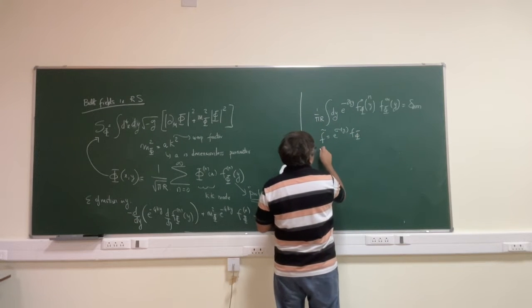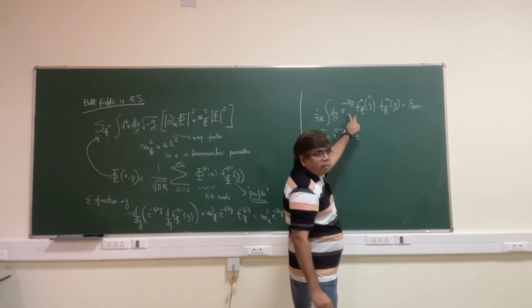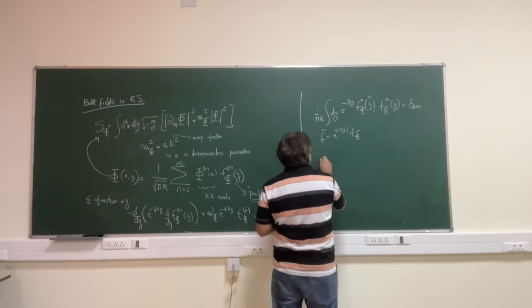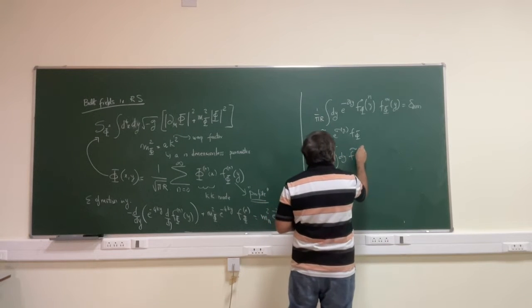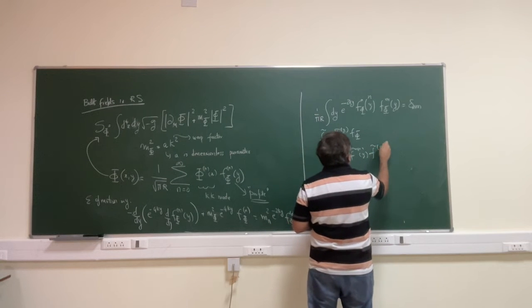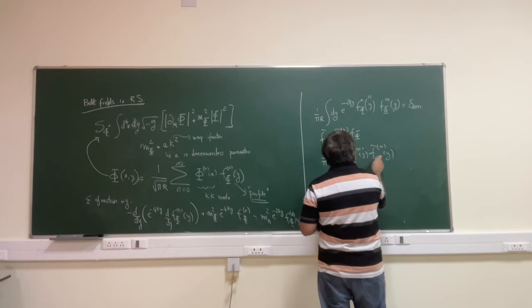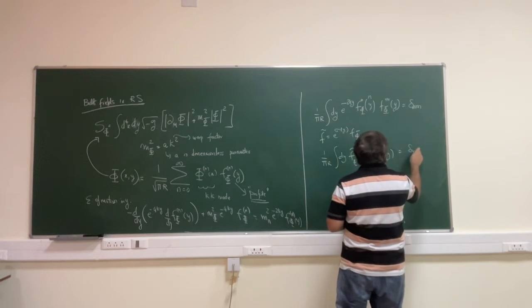If I absorb this e to the power k sigma of y, then you can canonically normalize these things. So in terms of f tilde, these orthonormal relations are nothing but the integral dy f tilde n of y f tilde m of y is equal to delta nm.